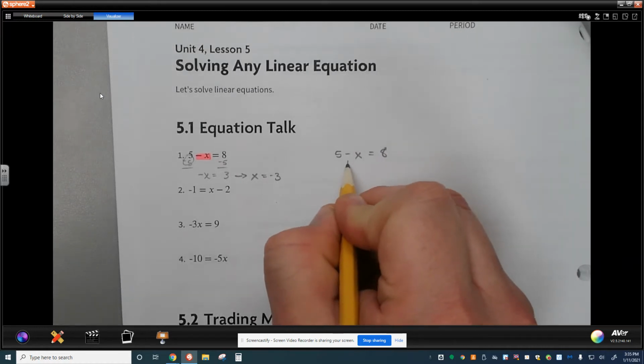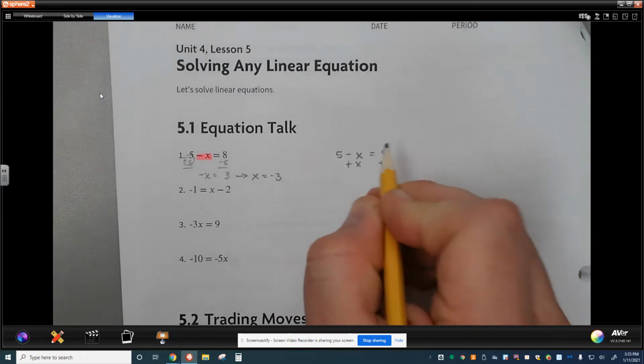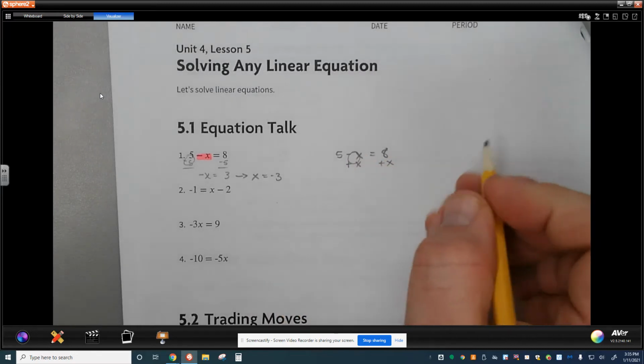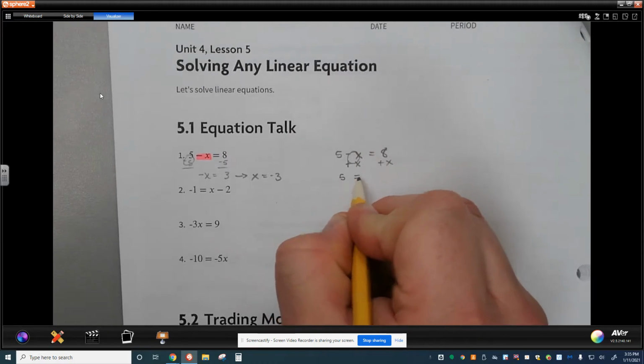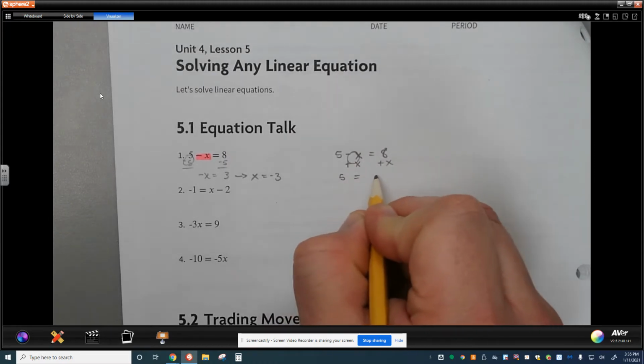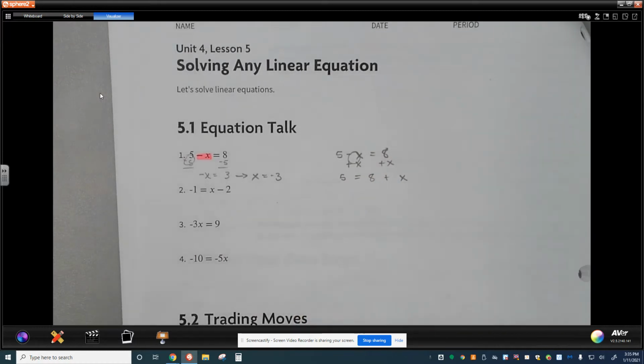If I simply add that x to both expressions, I would eliminate that x from the expression on the right, moving it to the expression on the left in its opposite form. So that would be 5 is equal to 8 plus that unknown number.